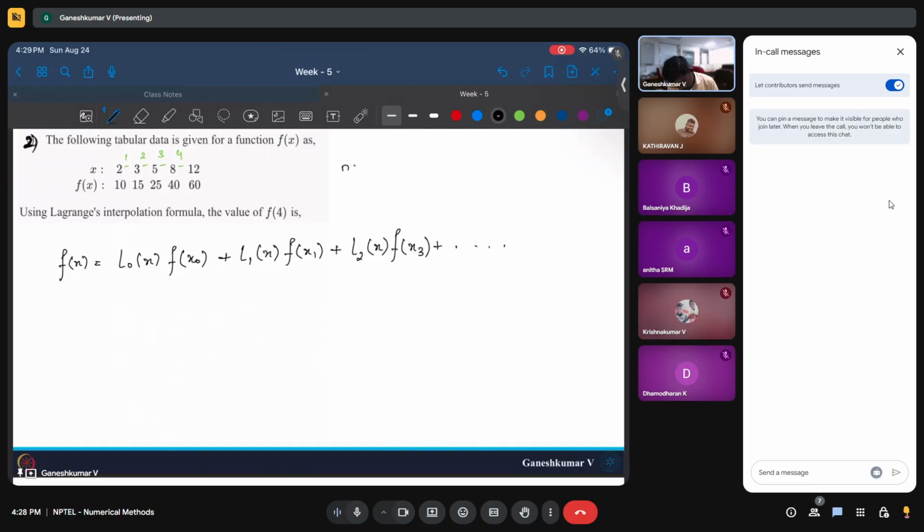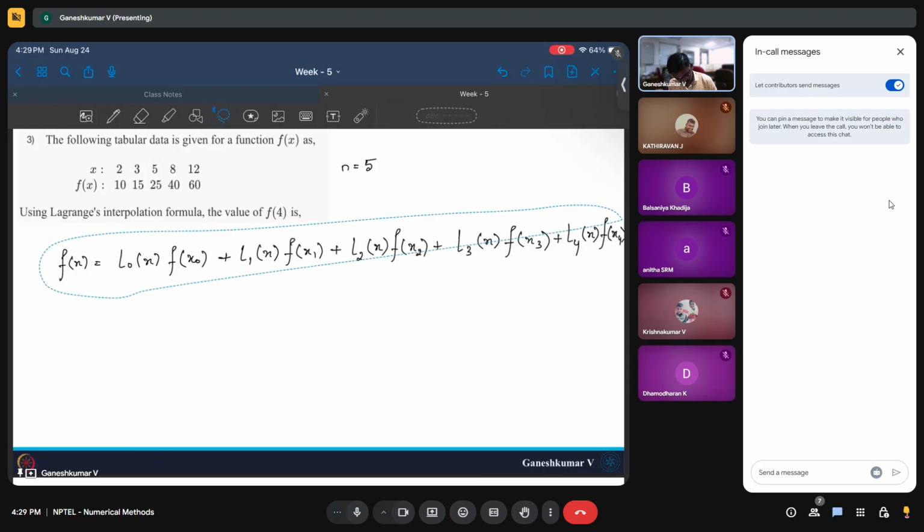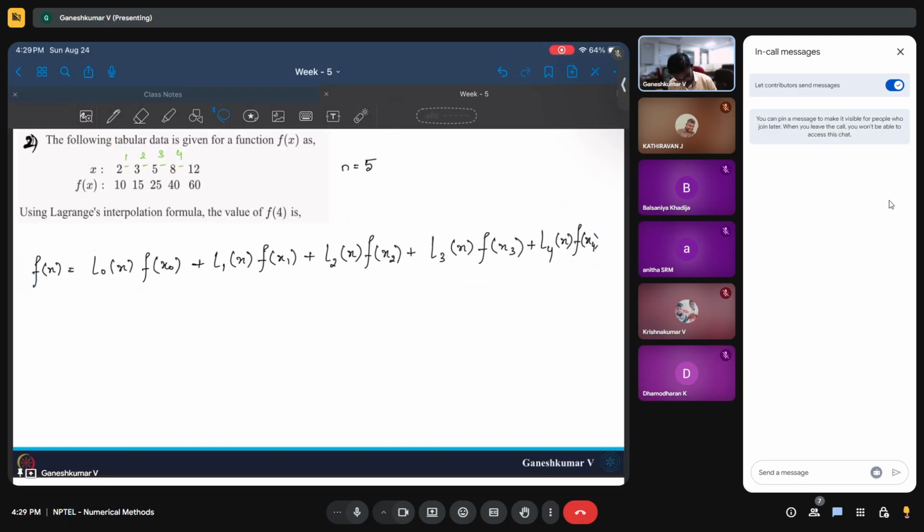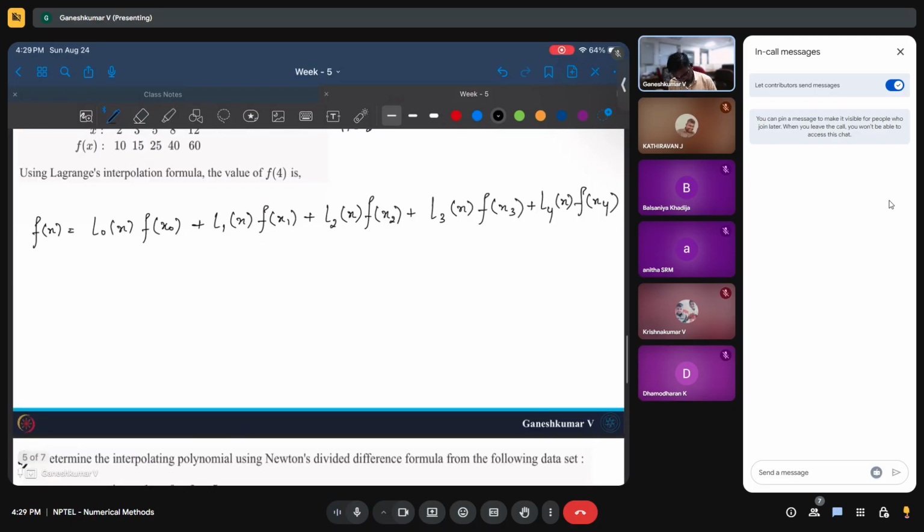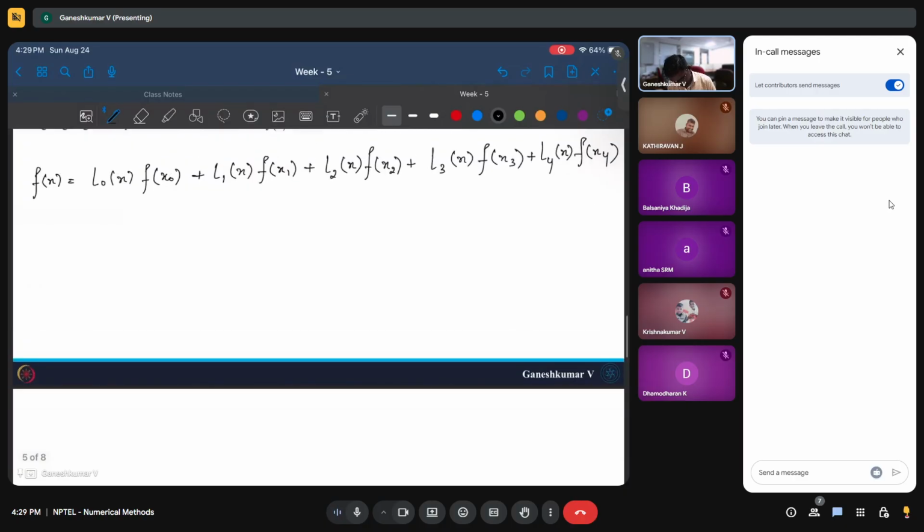Here you have n to be 4 if you start from x naught, so ideally you will write it up to L4, because we have 5 data points. And let me write down the L also.